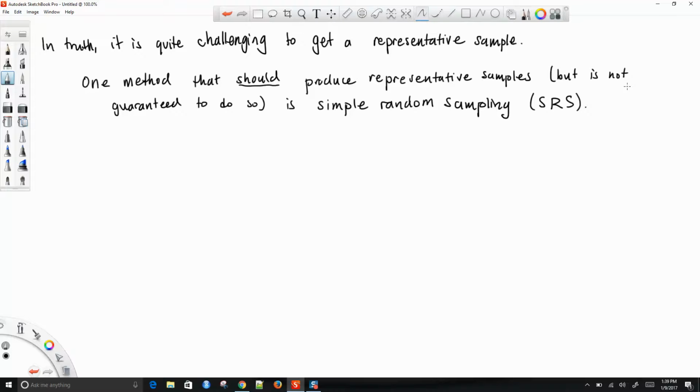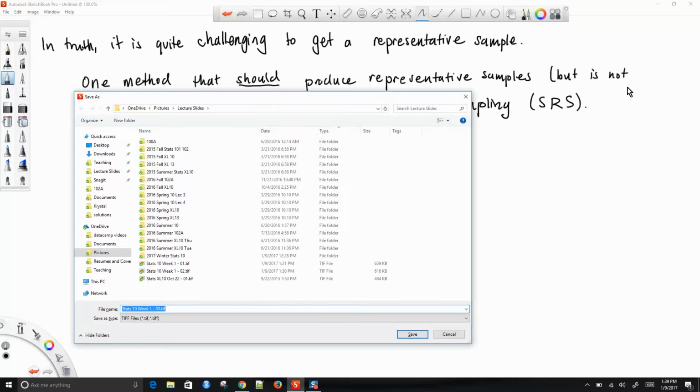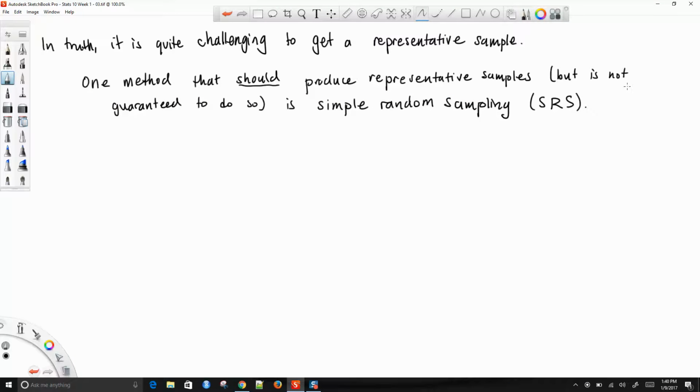Okay, simple random sampling. Okay, and in simple random sampling, you start off with what we call a sampling frame.